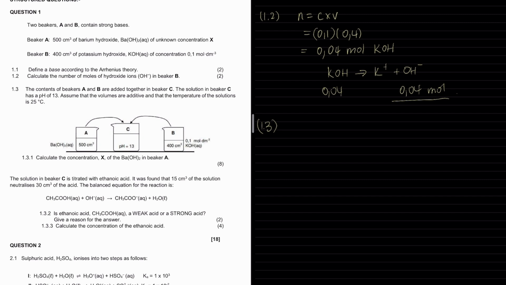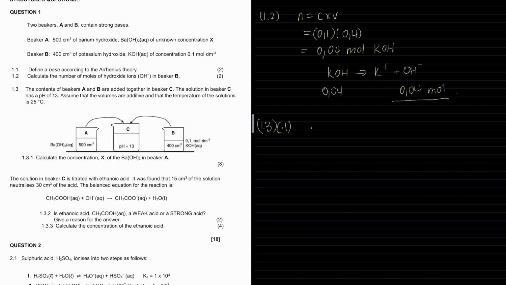So what I did was, I said, let's focus on beaker B. In beaker B, I know the concentration. And so I said, let's calculate the pH of the potassium hydroxide in that beaker. We can do that quite easily.